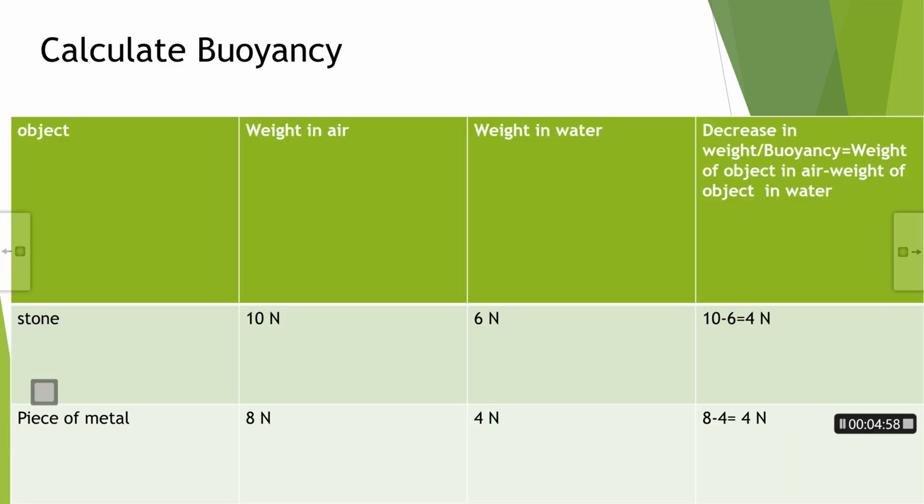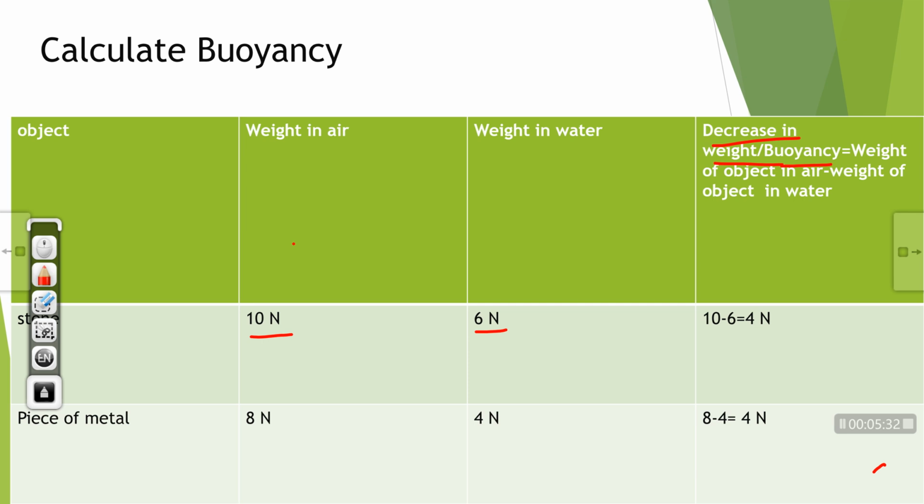Now, let us calculate buoyancy. There are two examples for you. In this table, two objects are given. The first one is a stone, and the weight of the stone in air is given. It is 10 Newton, and weight in water is given. It is 6 Newton. We need to calculate buoyancy, the decrease in weight or buoyancy.